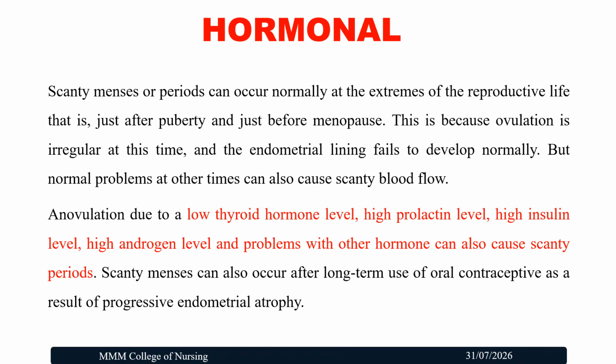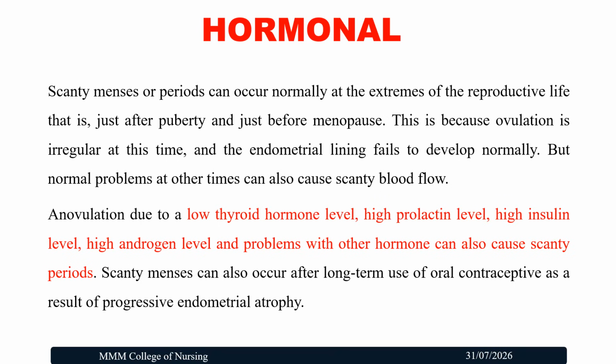Hormonal causes: scanty periods can occur normally at the extremes of reproductive life, just after puberty or just before menopause. This is because ovulation is irregular at this time and the endometrial lining fails to develop normally. But hormonal problems at other times can also cause scanty blood flow.